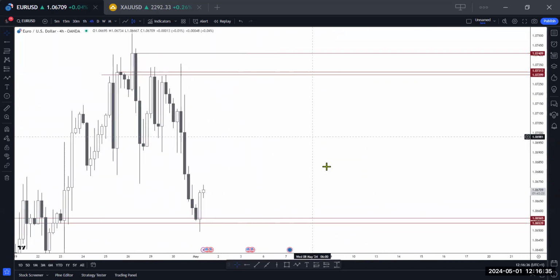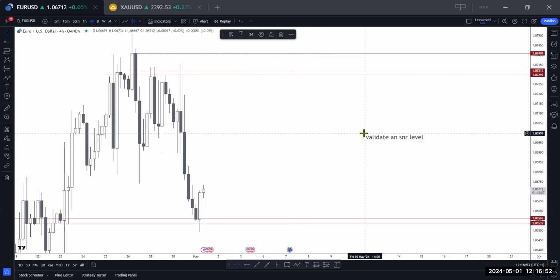And the interesting thing is that an SNR zone can also be validated when two time frames have the same SNR levels. I hope you guys are writing this down.